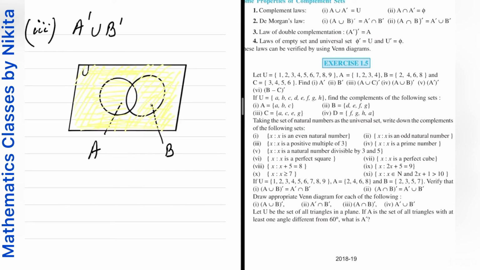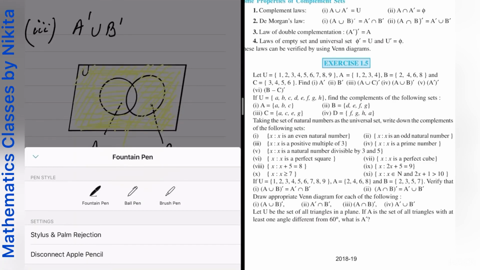So this is your A complement union B complement, and you can see that this is the same as the second part which we have just done. Why? Because okay, this was the fourth part. I'm sorry, this is the fourth part.